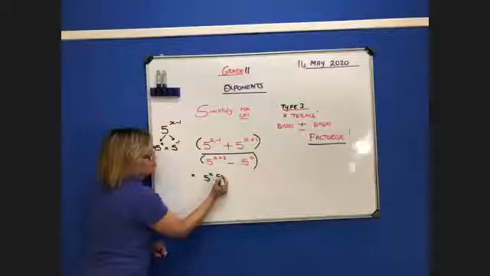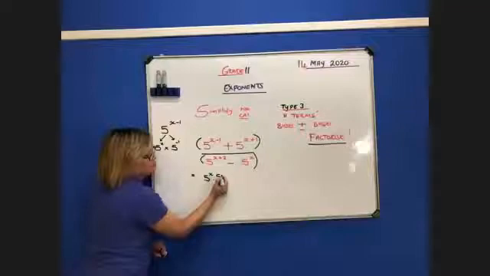We're going to do the same for the denominator. If you take 5 to the x in the numerator as common factor, the first little term, 5 to the x minus 1, you have 5 to the x.